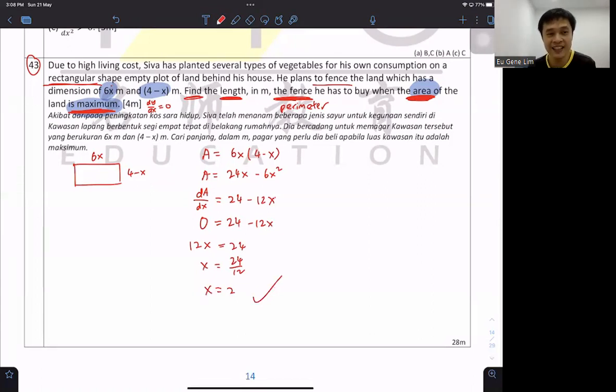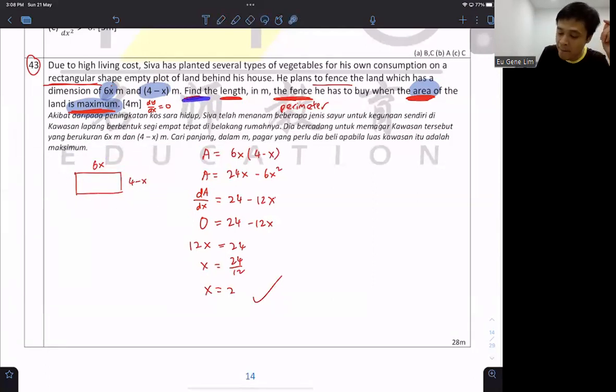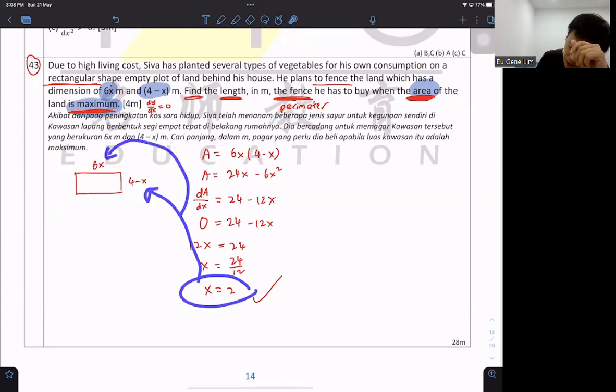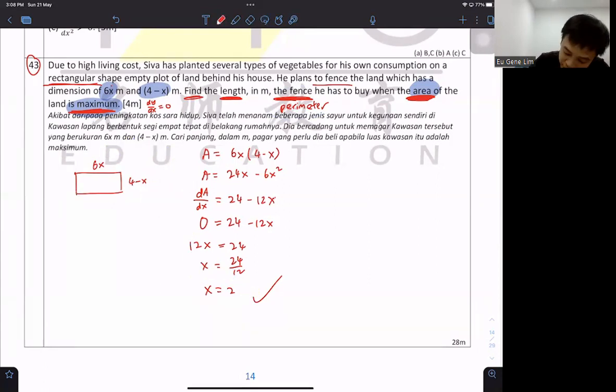Understand? But we haven't finished yet, because the question actually asks you to find the perimeter. So since x equals 2, you can put the 2 in. Here is 6 times 2, which is 12, and here is 4 minus 2, which is 2.